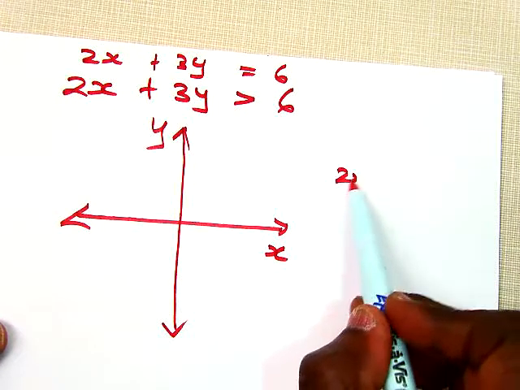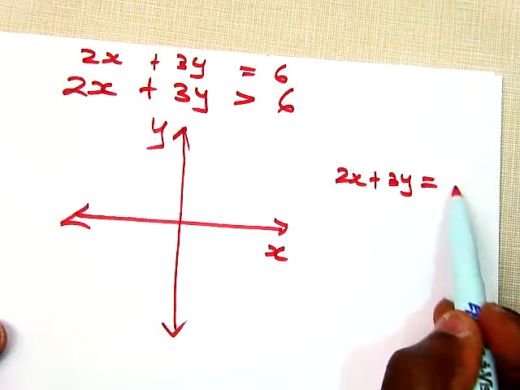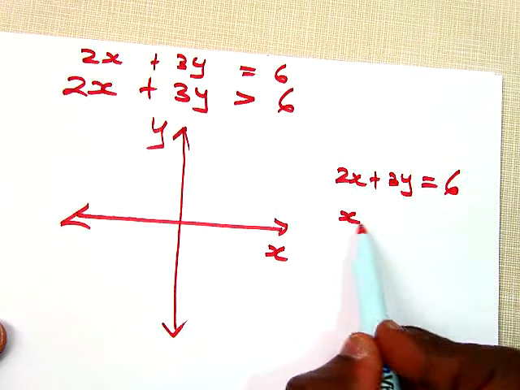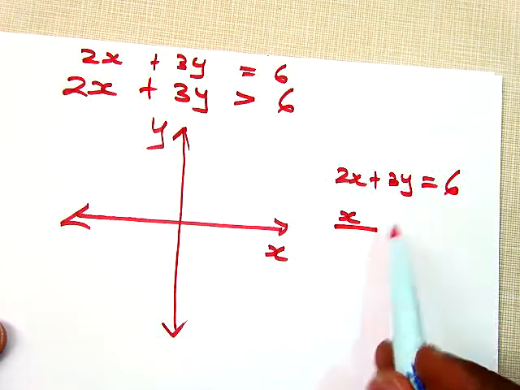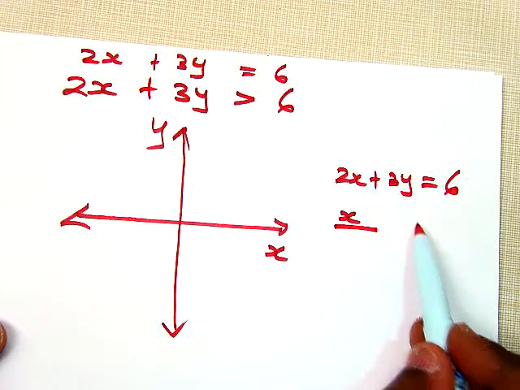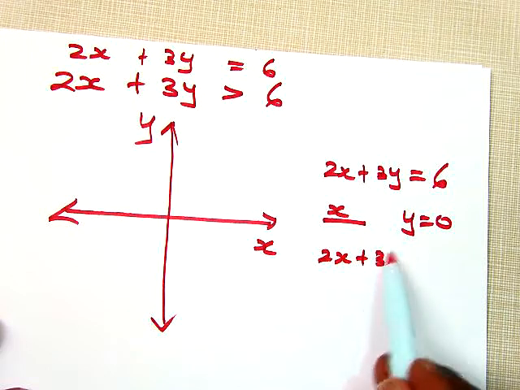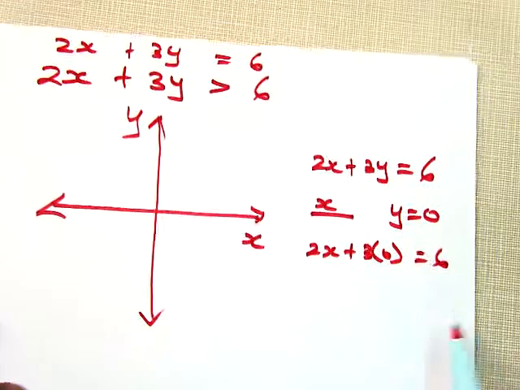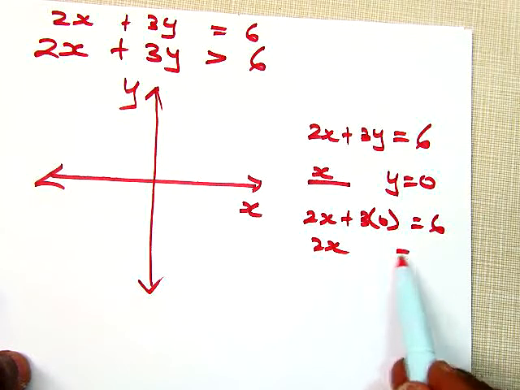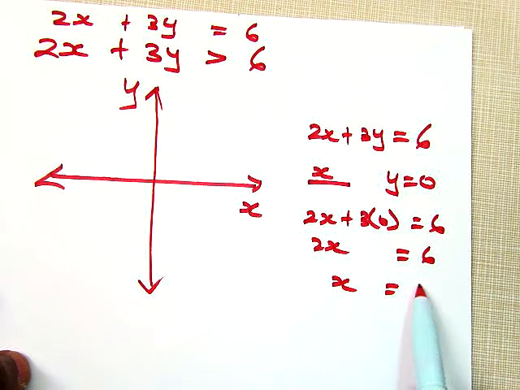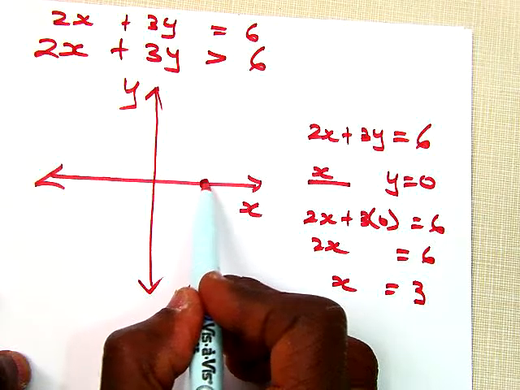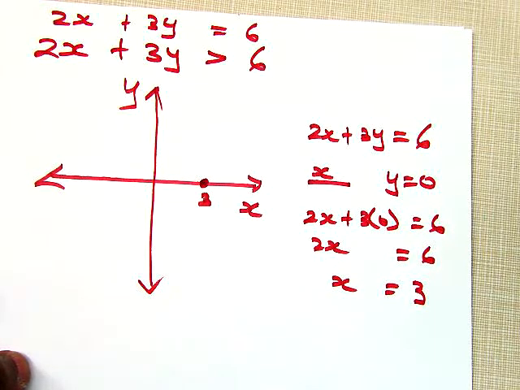If I have 2x plus 3y equals 6, I can find the x-intercept by making y equals 0. So that becomes 2x plus 3 times 0 equals 6. So 2x is equal to 6, x is equal to 3. So I know 3 is my x-intercept.